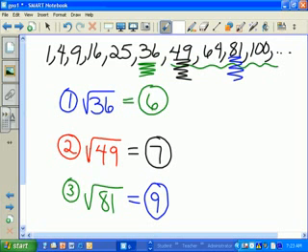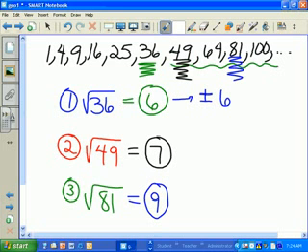Now, if you're thinking at a more advanced level, you may realize that the square root of 36 is 6 because 6 times 6 is 36, but you also may realize that negative 6 times negative 6 is also 36. So when we say the square root of 36 is 6, technically we should really write plus or minus 6. And you're going to be doing that in Algebra 2, so it'd be a good idea for you to learn that now.